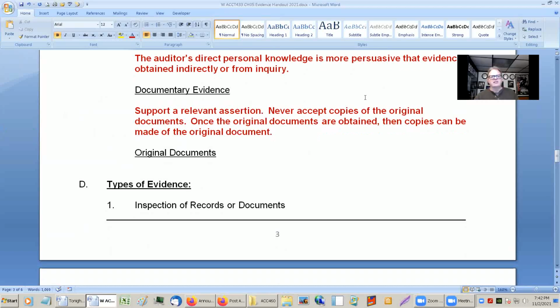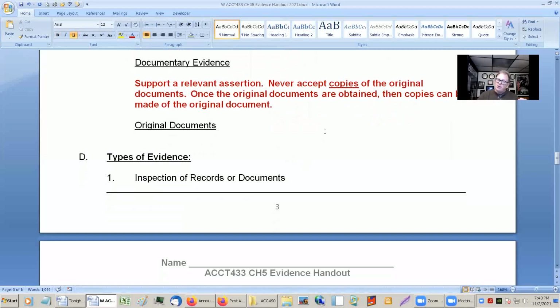You never accept copies as the evidence. You always want the original documents. Once you get the original documents, now you can make copies of the original documents for your own records, but you can't accept copies from the client.